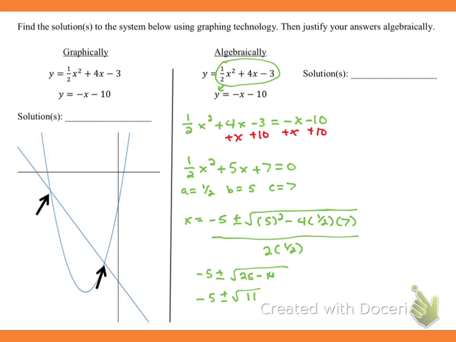So this is 2 x's. I'm giving you the answer: x equals -5 plus square root of 11, and x equals -5 minus square root of 11.